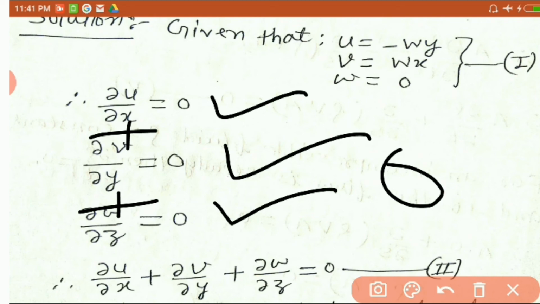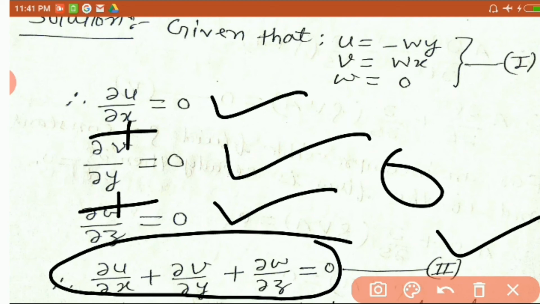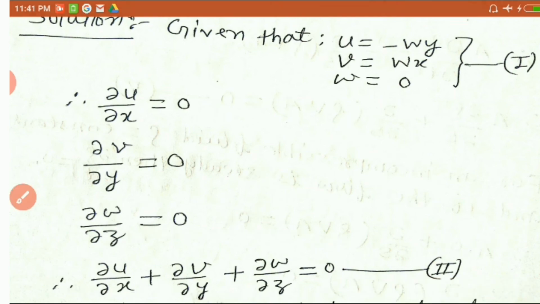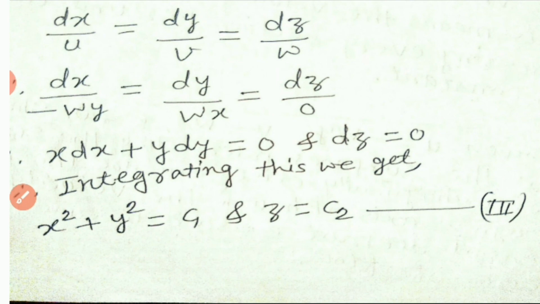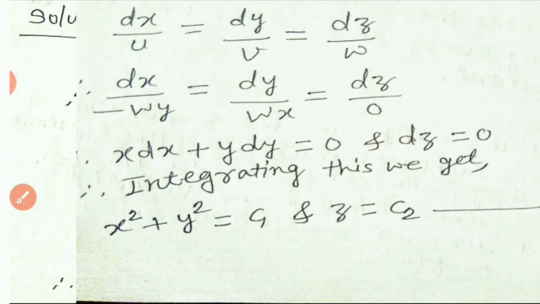So ∂u/∂x plus ∂v/∂y plus ∂w/∂z is 0. This equation shows that the equation of continuity is satisfied. If the equation of continuity is satisfied, that means the motion is possible. And therefore we have the streamlines.